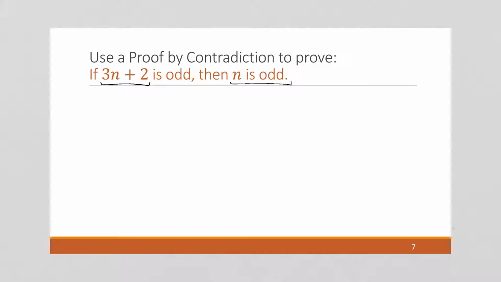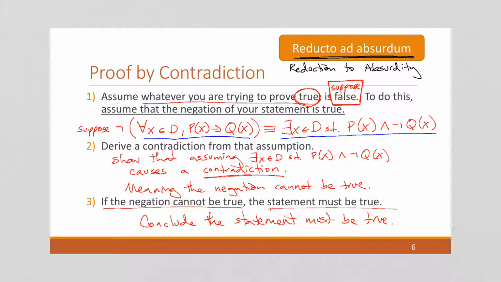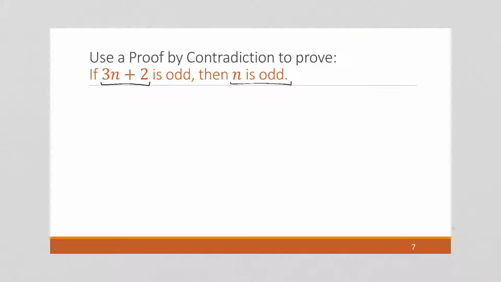So we notice here the first step is we want to assume the negation. In order to assume the negation, I'm going to break this into 2 steps. First, I want to write it as a universal conditional statement. And then I want to figure out what is the formal negation to that universal conditional statement. So I'm going to say this formally.